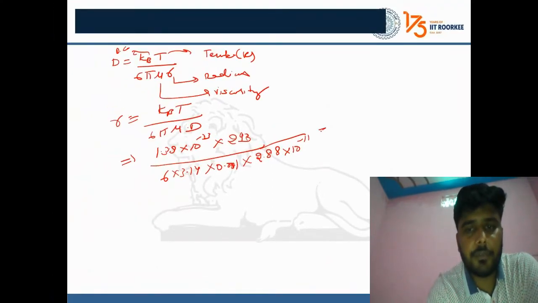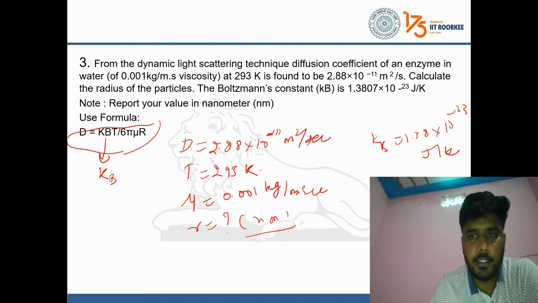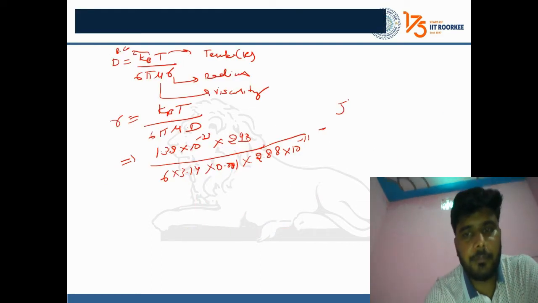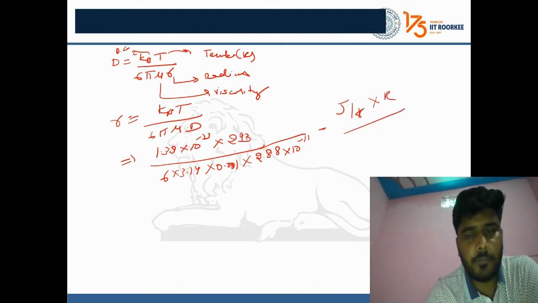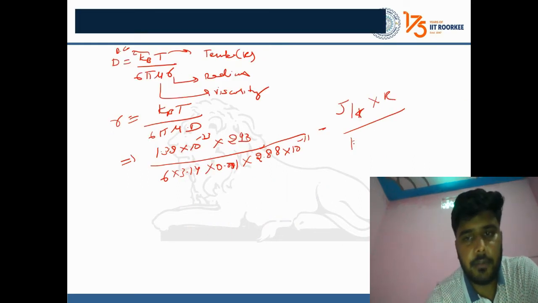So you should also note the units. For the Boltzmann constant, it is Joule per Kelvin. And Kelvin is for temperature, and for viscosity it is kilogram per meter second.